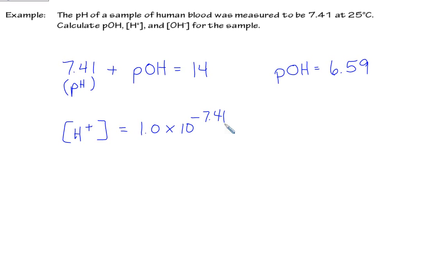We would put the answer as about, I don't know, 3.9-ish times 10 to the negative 8. There's the hydrogen concentration. Obviously, once you simplify it, you're going to get something times 10 to the negative, close to negative 7.4.